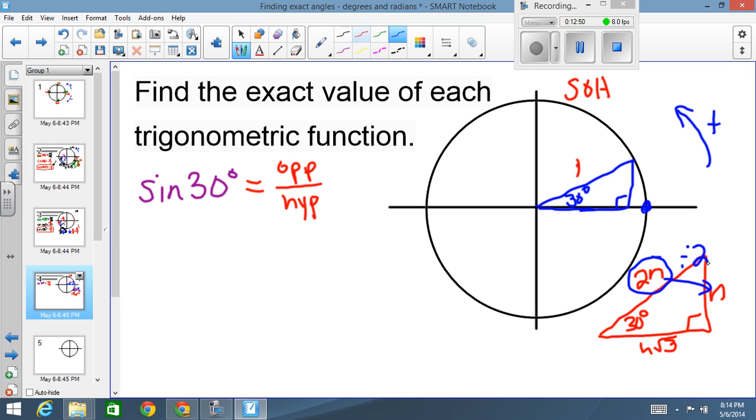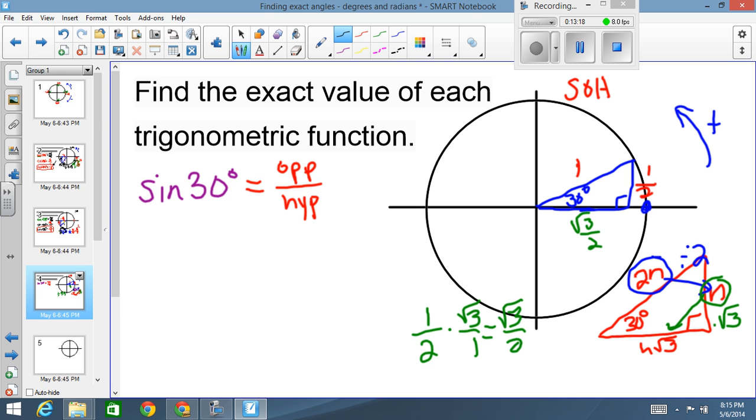So 1 divided by 2, this side is 1/2. And then to go from my shortest side to my middle side, I'm multiplying by radical 3. So when I do 1/2 times radical 3 over 1, I get radical 3 over 2. So this side is radical 3 over 2. And those points are positive because I'm up in quadrant 1.